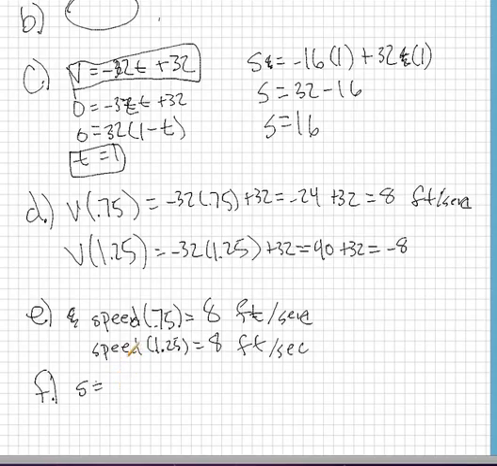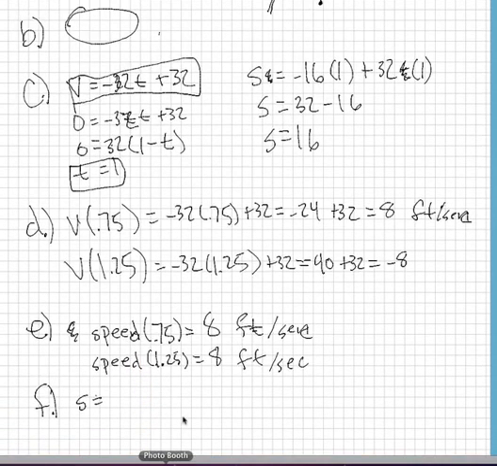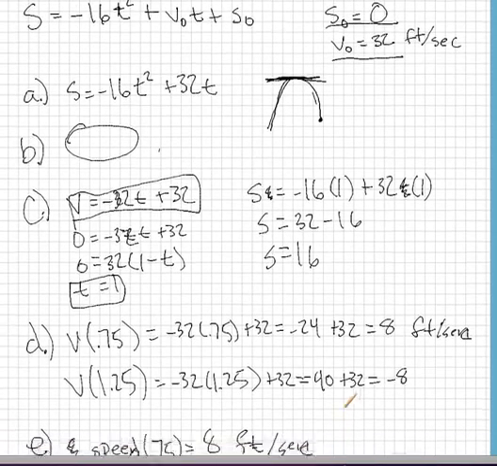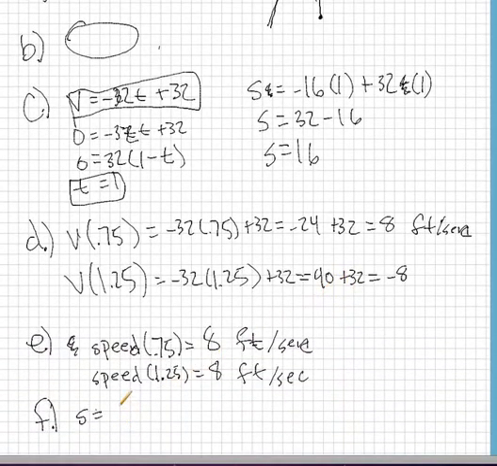We're going to factor out a 16t from that original equation, and we're going to get 16t times 2 minus t.